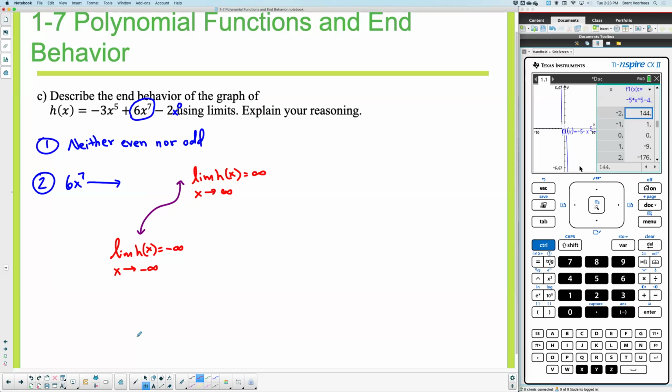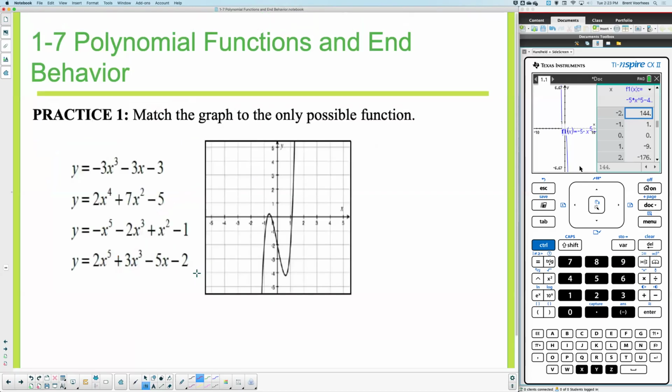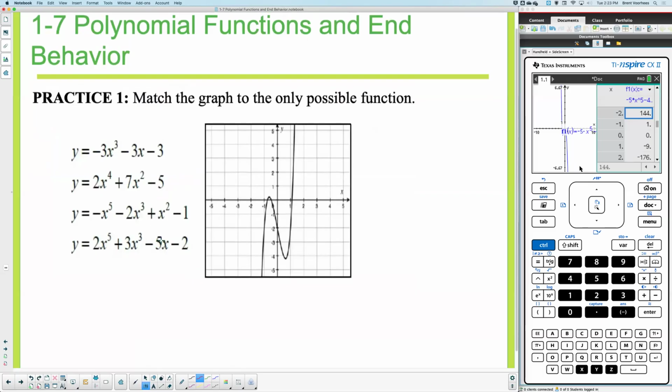Now, if you wanted to, you could practice on this packet. I think I gave you like 6 different problems that you can practice with, of discovering, without even graphing these in the calculator, which equation it is. So, for example, looking at the picture, is that an S curve or is that a parabola? It's an S curve. What does that mean about my highest power? It's odd. My highest power has to be odd.